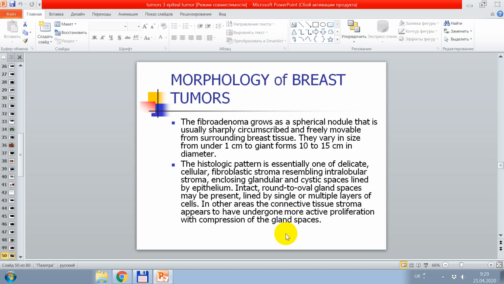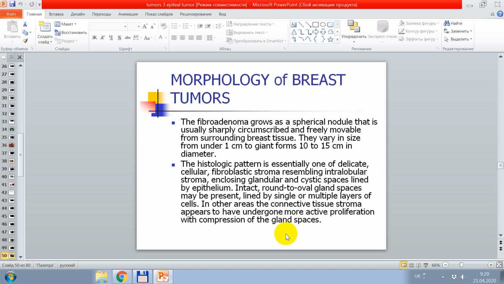Morphology of breast tumors. The fibroadenoma grows as a spherical nodule that is usually sharply circumscribed and freely movable from surrounding breast tissue. They vary in size from 1 cm to giant forms, 10 to 15 cm in diameter.